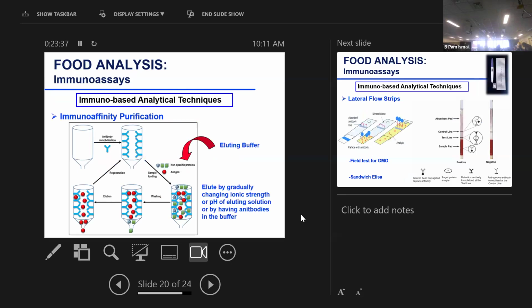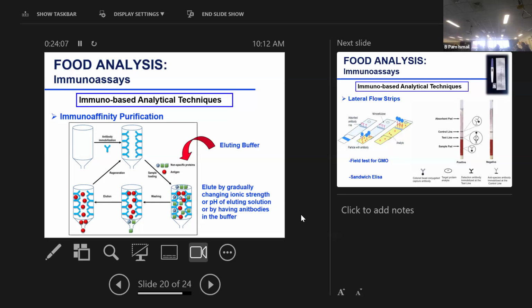So immunoaffinity chromatography is usually common to purify antigen or purify antibody. So it's an affinity chromatography. If you remember from chromatography, that is a very specific interaction. So your stationary phase would be made up of specific antibody to a protein or enzyme or any molecule that you're trying to separate from a group in a sample mixture.